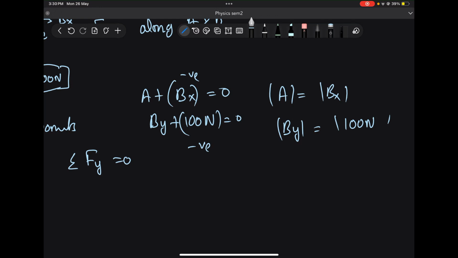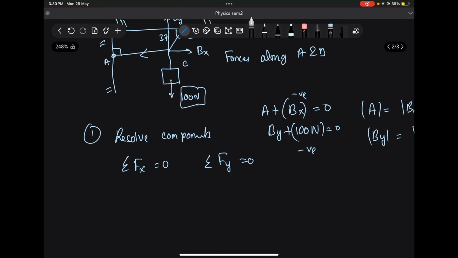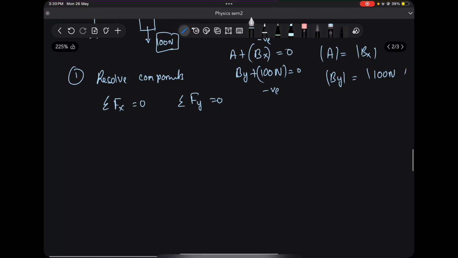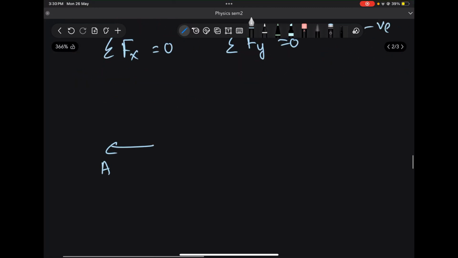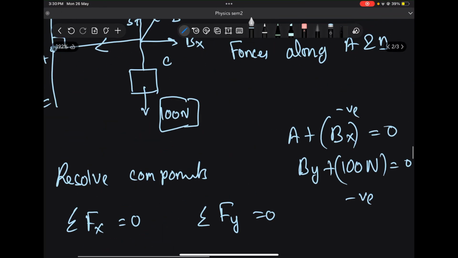However, if you're asked to specifically use Lami's theorem, and in many cases Lami's theorem will be the easier way to solve sums like this, what we will do is simply draw the diagram of the forces. So this is my A, this is some B, and this is my 100 Newton. I know this angle is 90 degree. Now I need to check this angle.